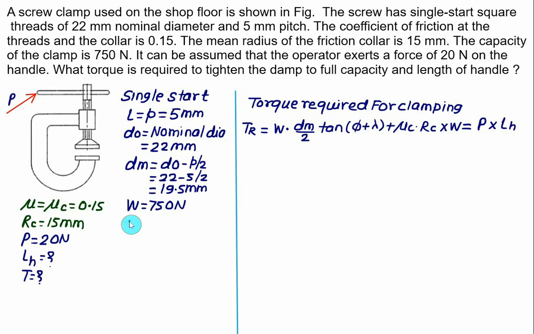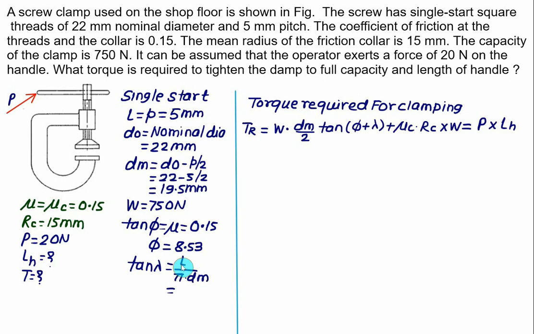So we know that tan phi is equal to mu, and we have the value of mu equal to 0.15. Solve this, you will get the value of phi close to 8.53 degrees. Then we require the value of lambda, which can be obtained as tan of lambda is equal to lead divided by pi multiplied by dm.